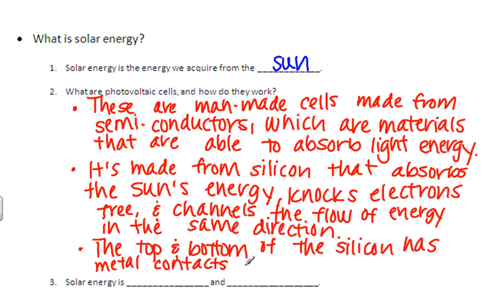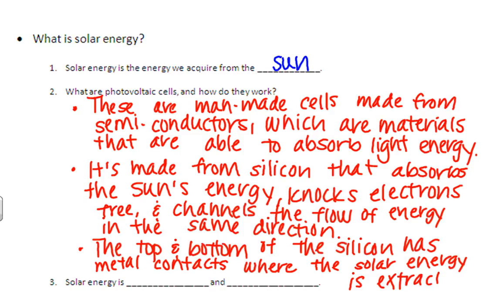And this is where that solar energy is extracted and stored. So taken out of that cell and stored like electrical energy, because they've had an energy transformation from solar energy to electrical energy. So I'll let you catch up on that.